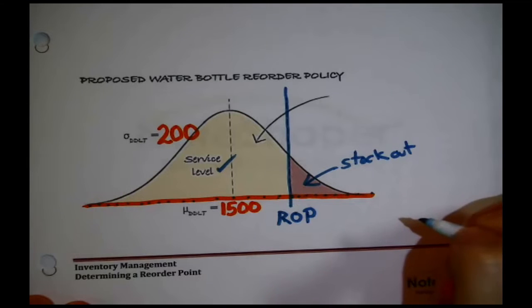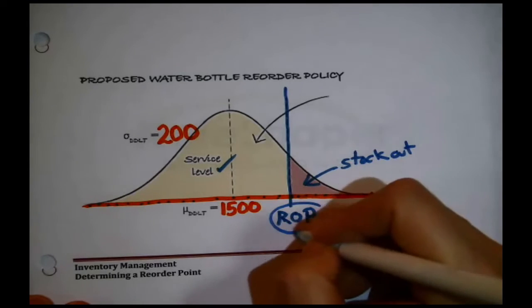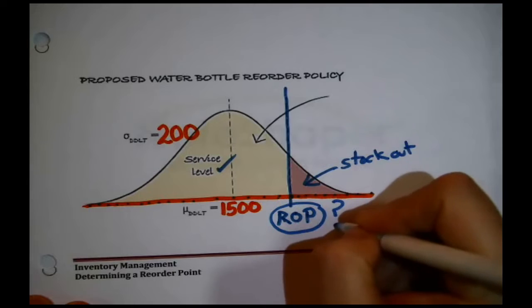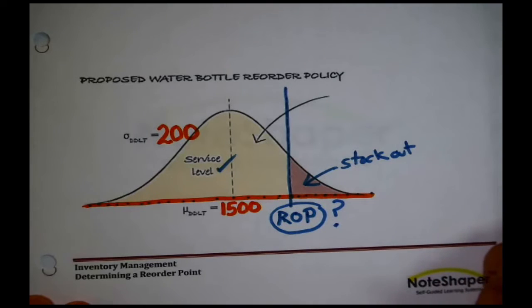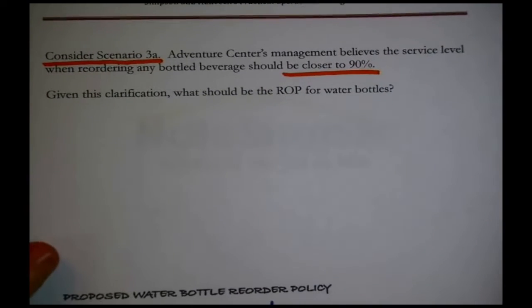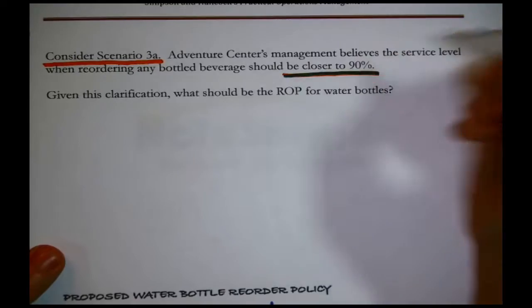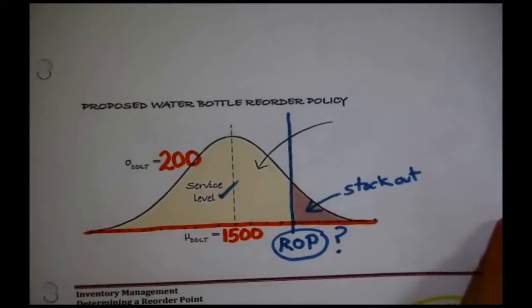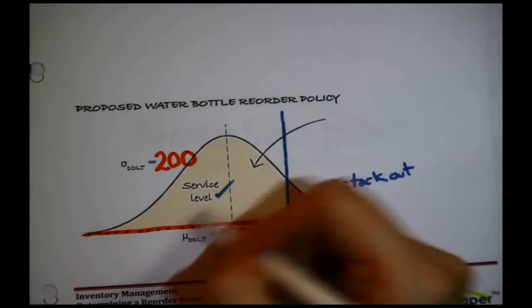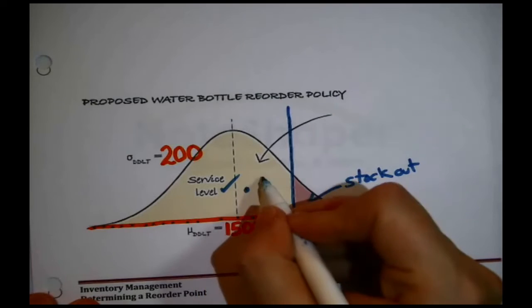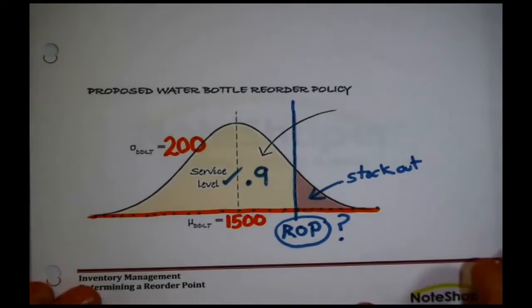This is what we're looking for. This is what they asked for, but they did give us another fact that I have not put on that illustration yet. They actually gave us the service level. That is to say, this pale part of the curve, we know exactly how much of the curve that is. That's 90% of the curve, if that's the proper reorder point.